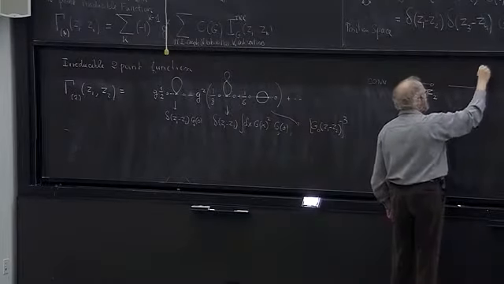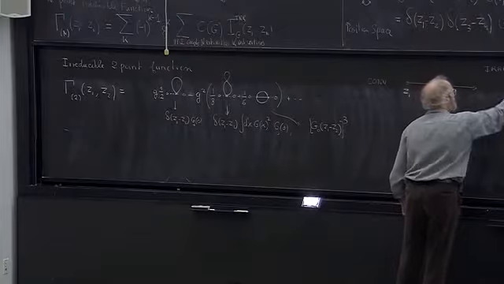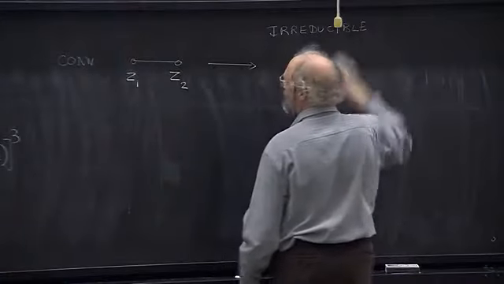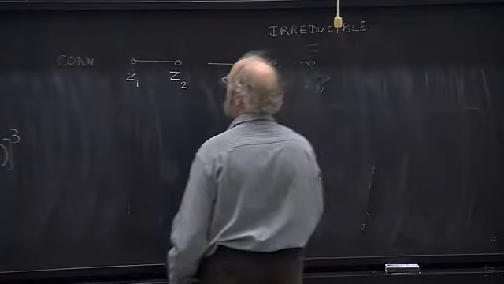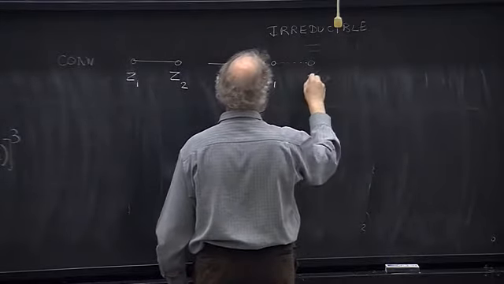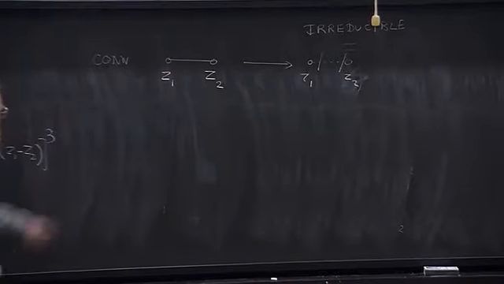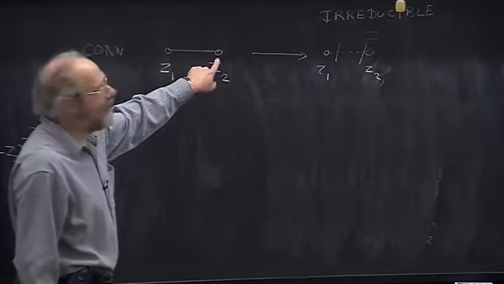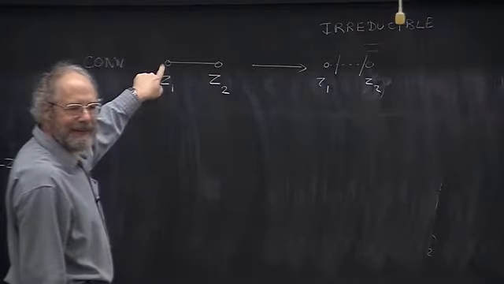Can we define an irreducible propagator, which is obtained from this propagator but truncating it twice, because we have to replace this propagator by a delta function at each extremity of the propagator?